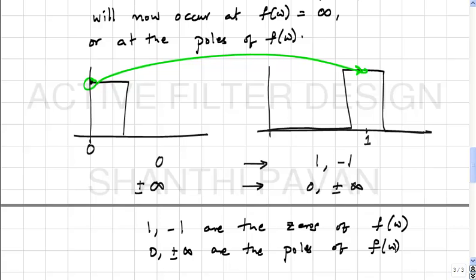Why 0? Say you want a band pass filter, so you want 0 attenuation here and at infinity. So whatever happens at infinity in the low pass prototype is happening at both 0 and plus and minus infinity. Is that clear? Okay.